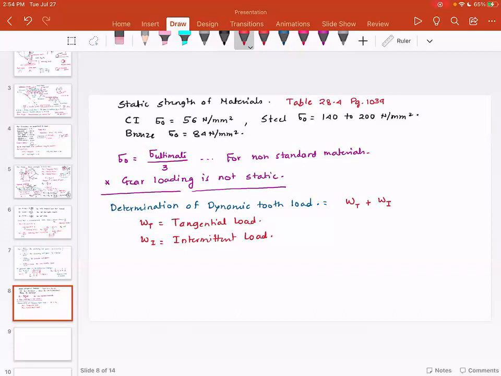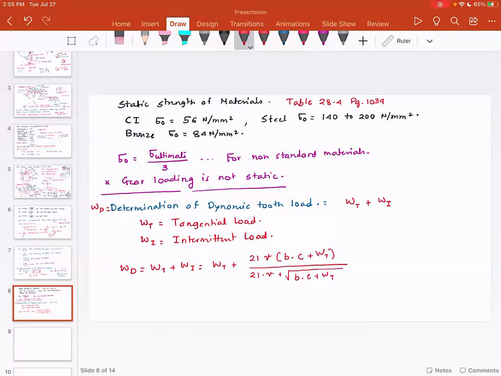So this is called WD, the dynamic load, which is WT plus WI, given as WT plus 21 V multiplied by (B times C plus WT) divided by 21 V plus the square root of (B C plus WT).